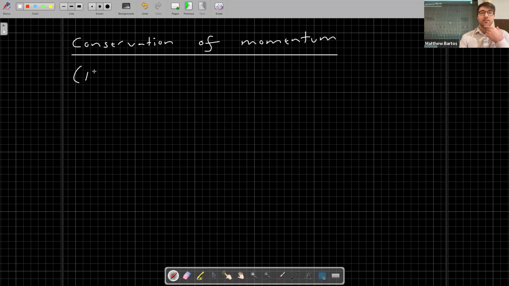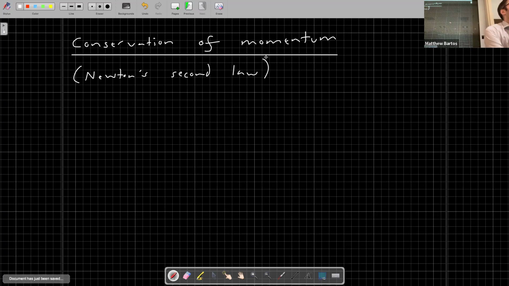So this is basically the same as Newton's second law, which you'll probably remember from Physics 101, or from dynamics. What equation did you use to apply Newton's second law? Or what does Newton's second law state in plain English?